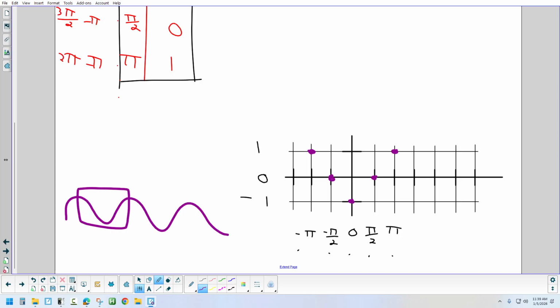You're sketching a curve, not a V. There's no sharp turn in any of these graphs. So just try to make it look a little bit curved. The idea is if you copy and pasted that, it would look like a wave continuing. And that's it. Any question on that?